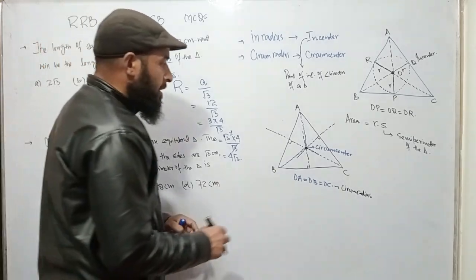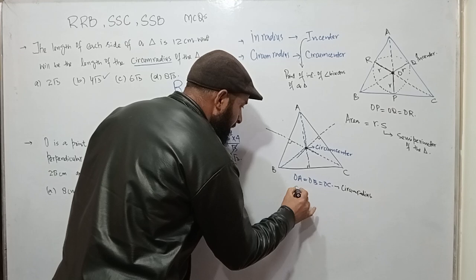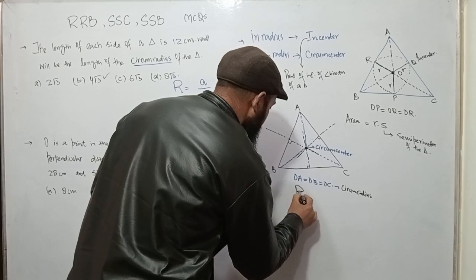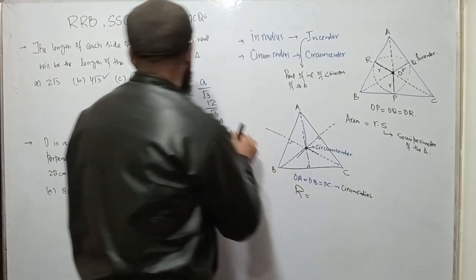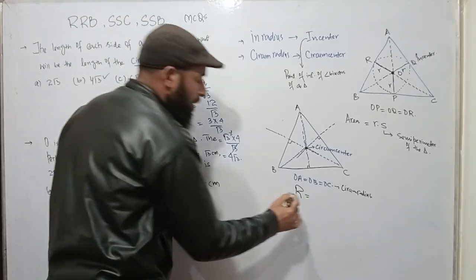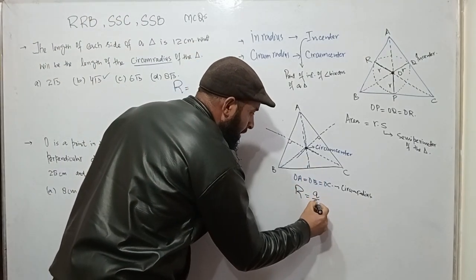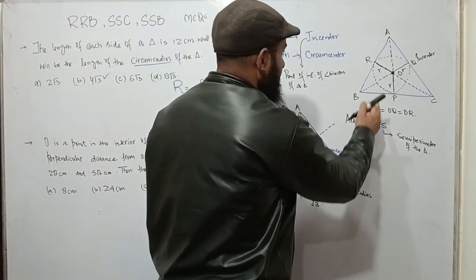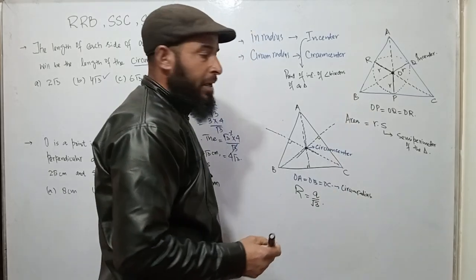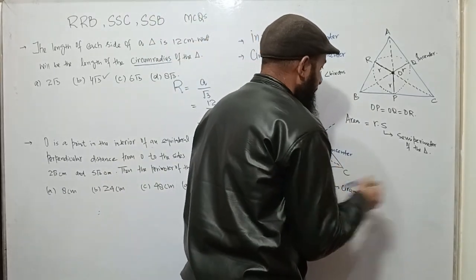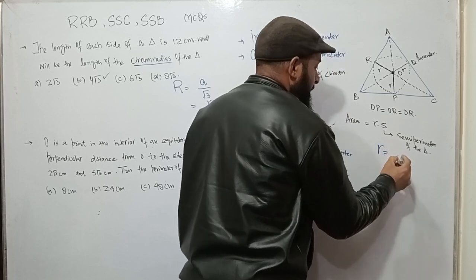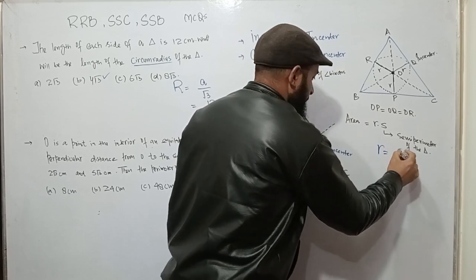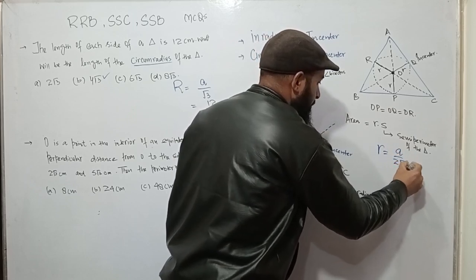And this circumradius is given by R is equal to A upon root 3. And you will see the inradius is always equal to A upon 2 root 3.